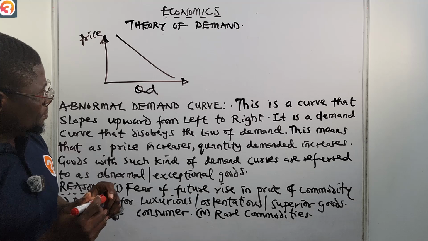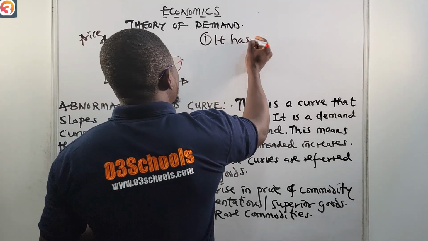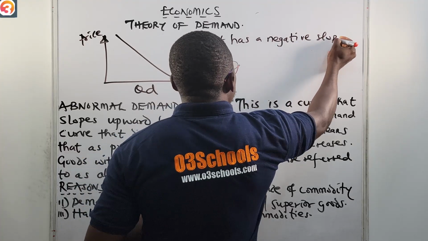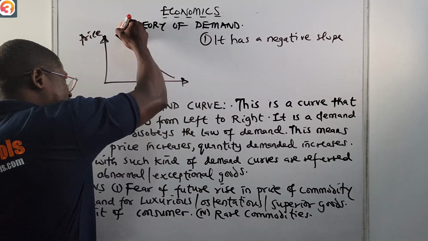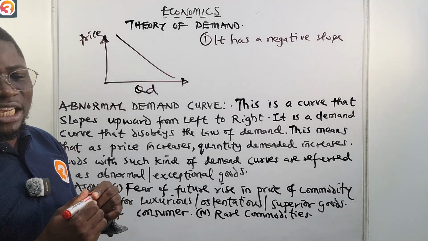Now, some of the characteristics. Number one, it has a negative slope. As you can see, it is coming down. I mean that the y over the x there is negative.